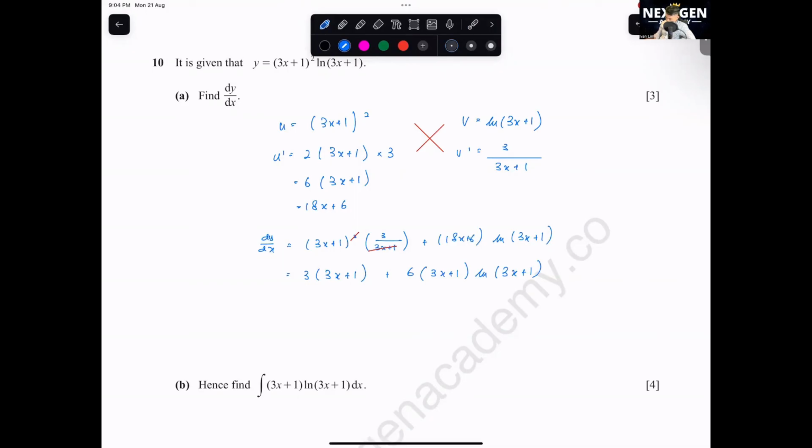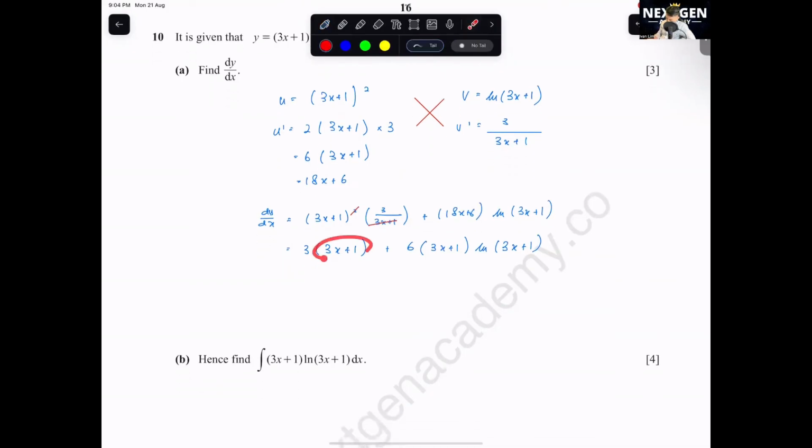Okay, so you see here, right? We got common factor 3x plus 1. We have 3 and 6. Highest common factor is 3. So I'm going to factorize out 3 and 3x plus 1 from both the terms. Okay, this is for the next question actually. So here 3x plus 1.